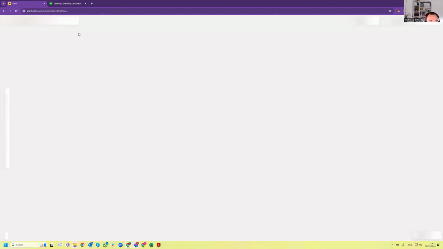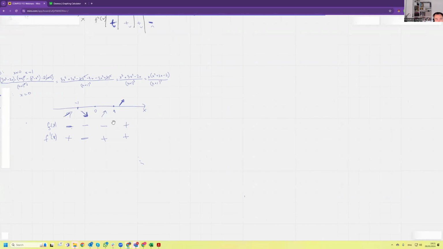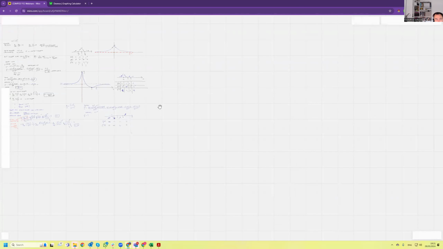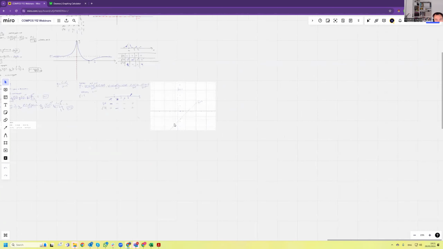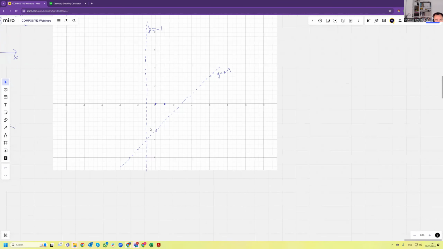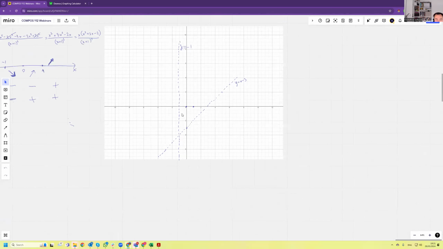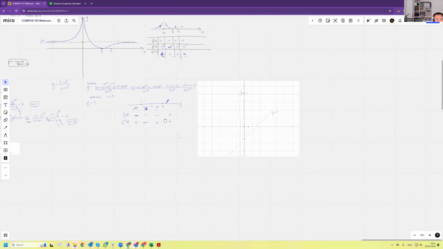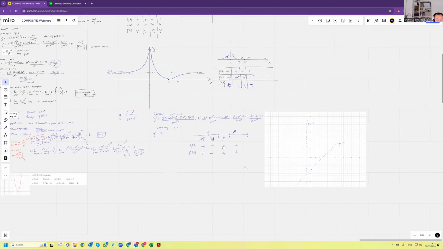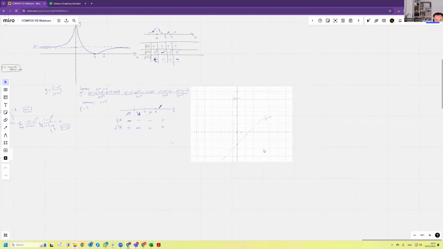Might have made a mistake because it doesn't make sense to have... You can't have two zeros, one being a point. So x equals -1.